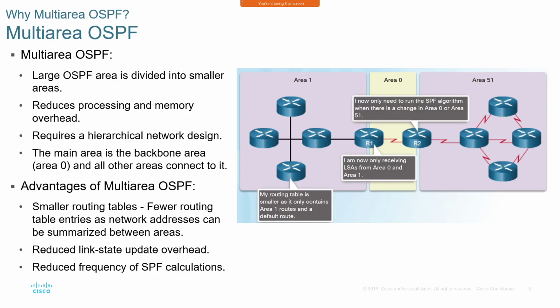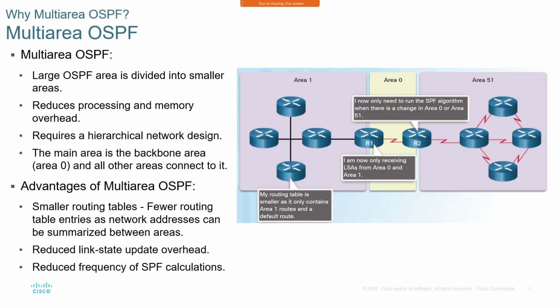All right. The advantages of multi-area OSPF: of course, we are going to have smaller routing tables, fewer routing table entries, as network addresses can be summarized between the areas. You can create summary advertisements.